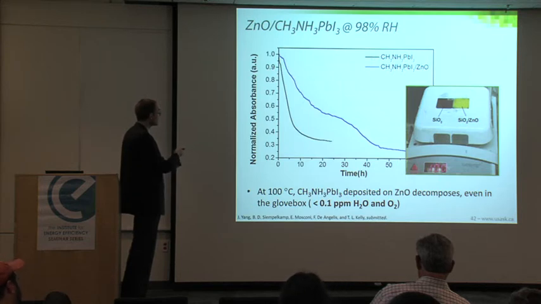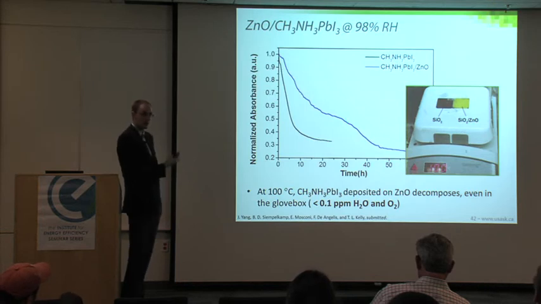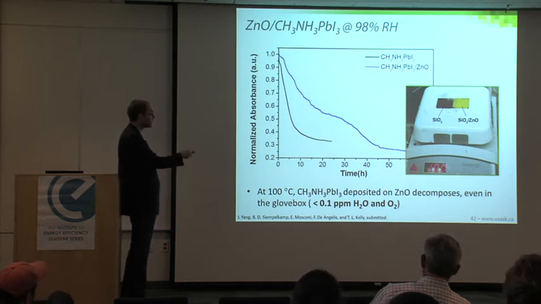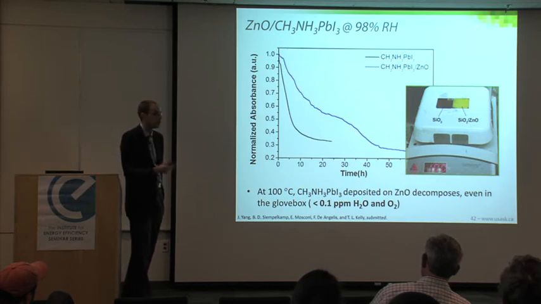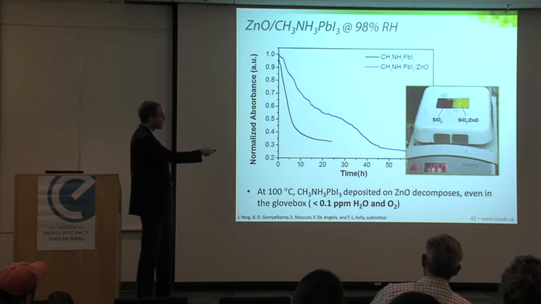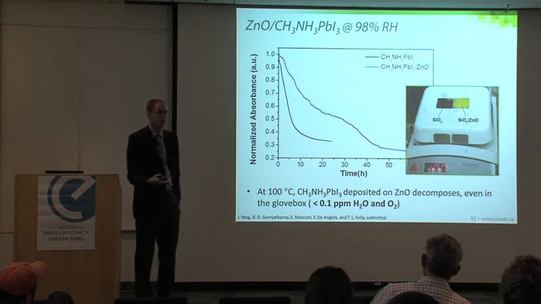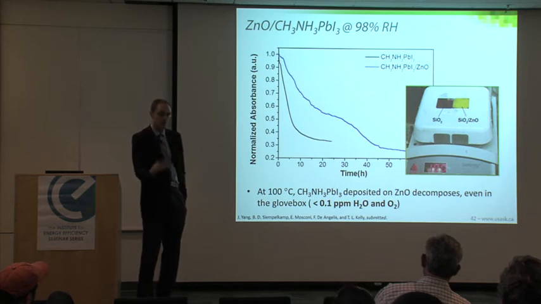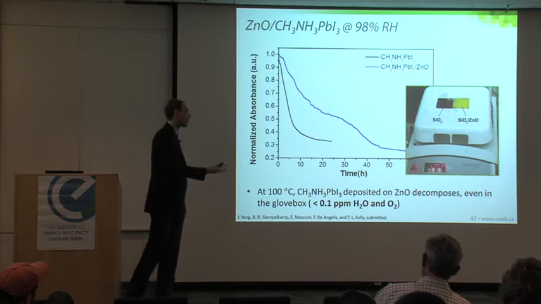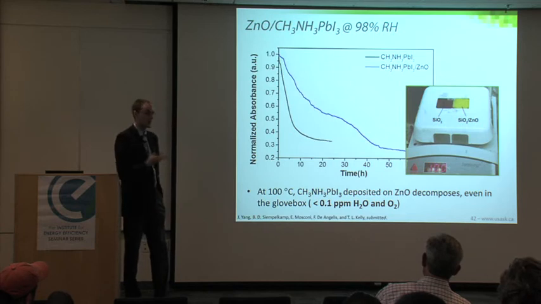Not by much, just a little bit, but clearly this didn't seem to be the reason that our films were decomposing. And of course, the nail in the coffin is if you do the experiment inside the glove box, where hopefully you have very, very little moisture, your film on zinc oxide decomposes, your film on glass is perfectly fine. And so this is not a moisture-induced problem. Moisture is not part of it. This is really a thermal issue.